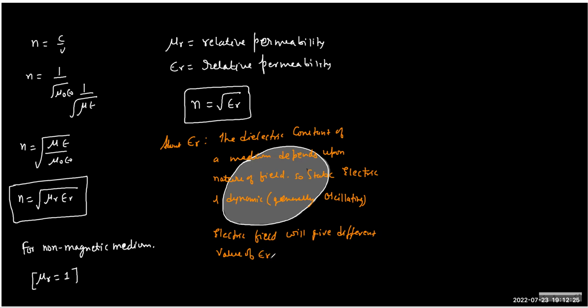So don't think that the 80 we said for static applies to dynamic. That's why the answer will be very different, right? Okay, we know it's roughly 4 by 3. You can take the square root of 1.33, you will get some answer. So that is potentially the value of epsilon r. We have some well-defined formula for that also, but okay, I will not go into that.